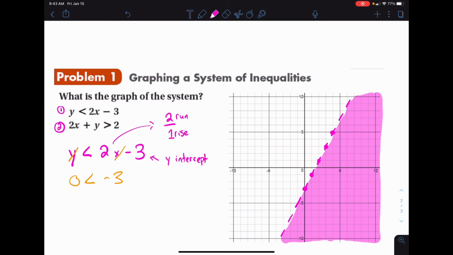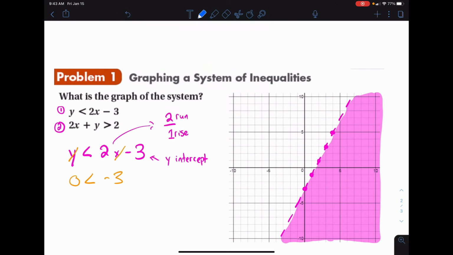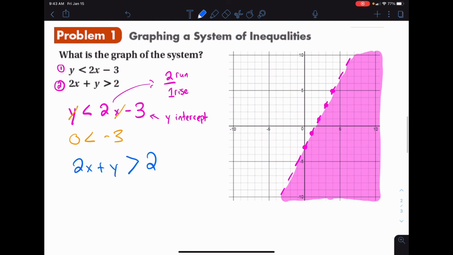Okay, now I can move on and solve our second inequality, and that's 2x plus y is greater than 2. What I want to do here is isolate y by itself. To do that, I'm going to subtract 2x from this side and subtract 2x from this side. And what that leaves me with is y is greater than negative 2x plus 2.